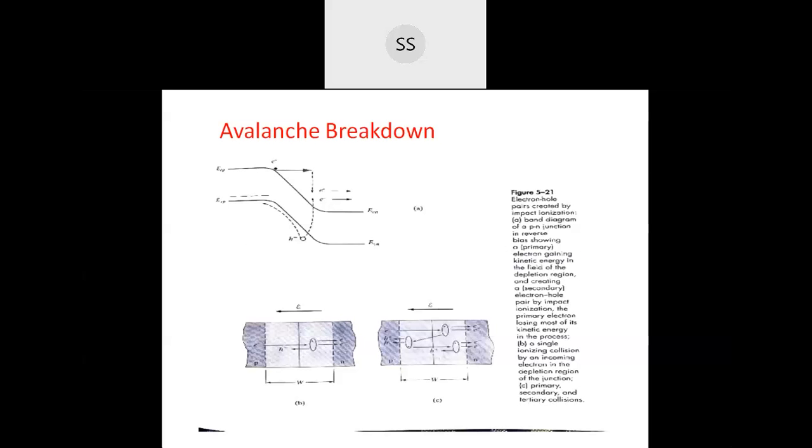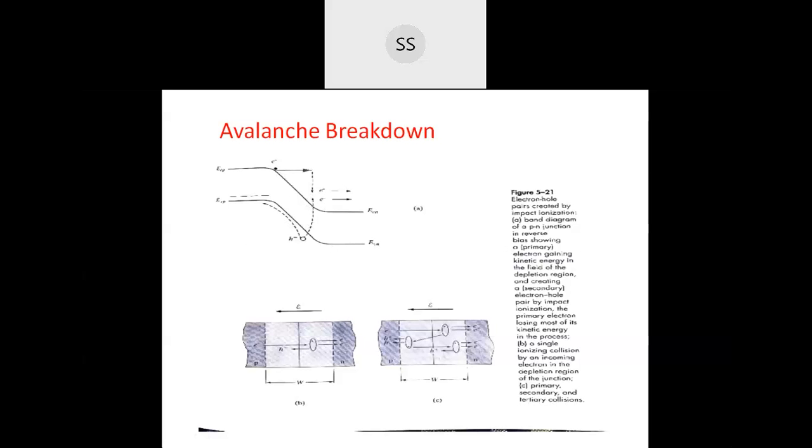If the electric field E in the transition region is very large, then an electron entering the p side, as shown in this diagram, may be accelerated, increased in its speed, with high kinetic energy, so that it causes ionizing collisions with the lattice.